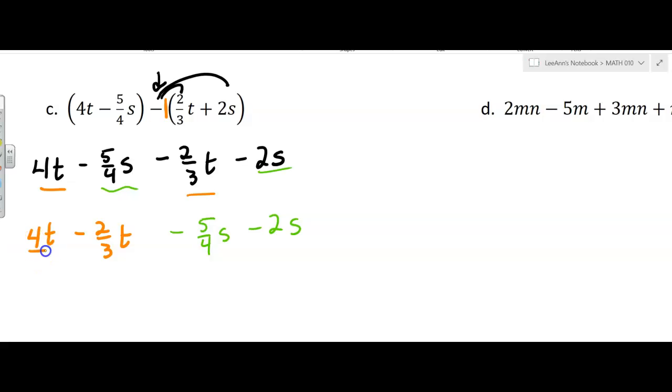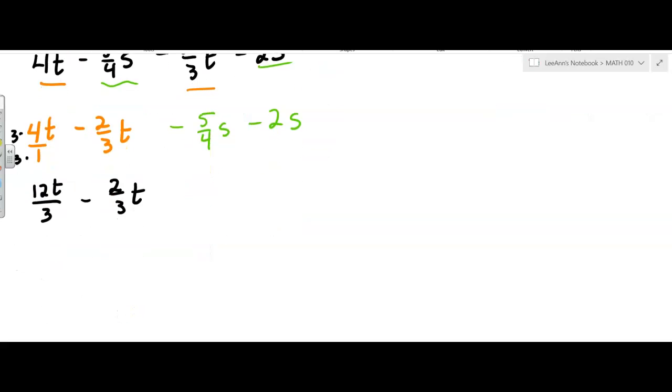So I can put this as 4 over 1 and then look for a common denominator. I'll have to multiply by 3, both the top and bottom. So a little review of fractions here. So 12t over 3 minus 2 over 3 t. Okay, now the t's I can combine. So that's going to be 10 over 3 t.